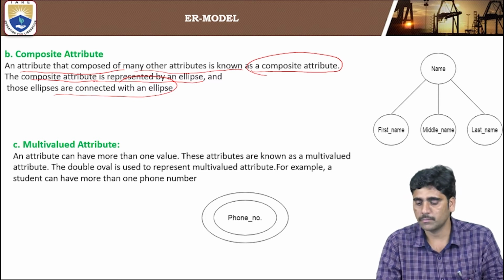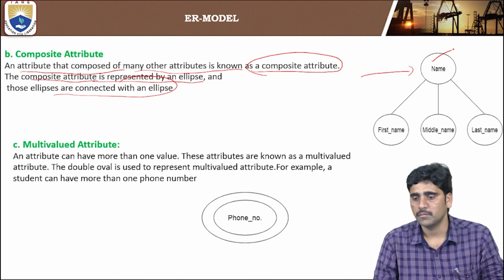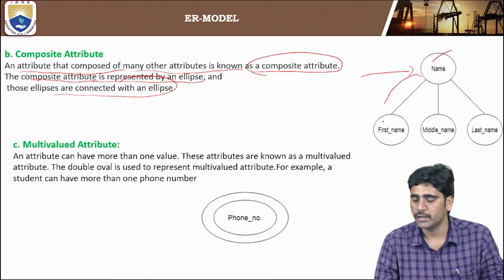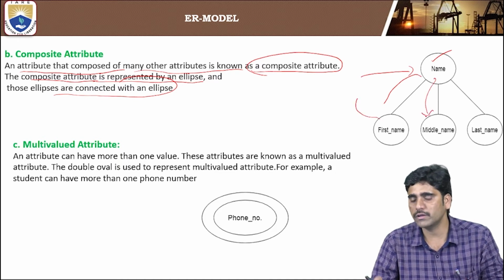Suppose from this example we understood that name is actually one attribute, but name can be composed into first name, middle name, and last name of the student.